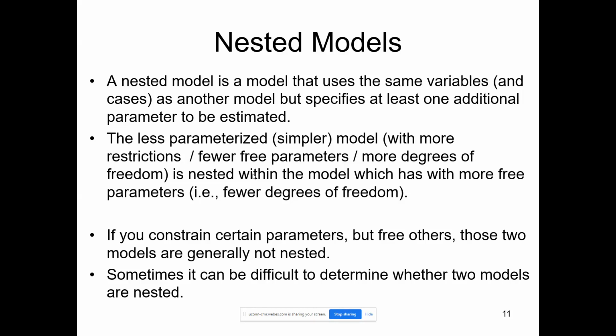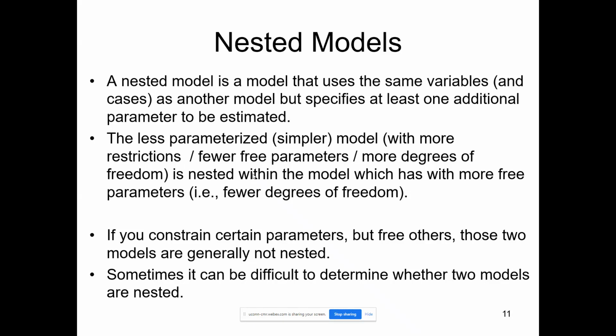So sometimes you can build a chain of models where you have pairs of models that are nested, but maybe the first model and the last model that you fit aren't actually nested, and that's what I'll suggest doing in those situations, because sometimes we will want to do things like that. But in terms of what are nested models, we're just going one direction or the other. We're not mixing and matching.